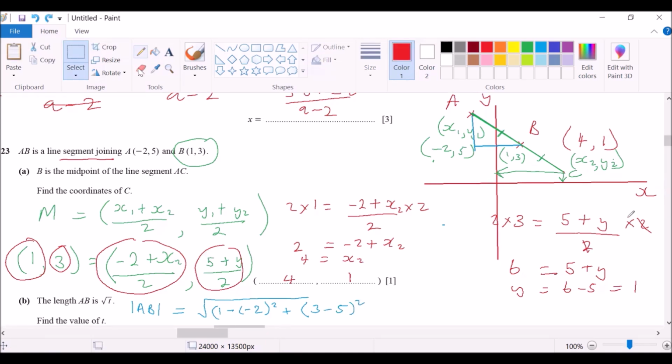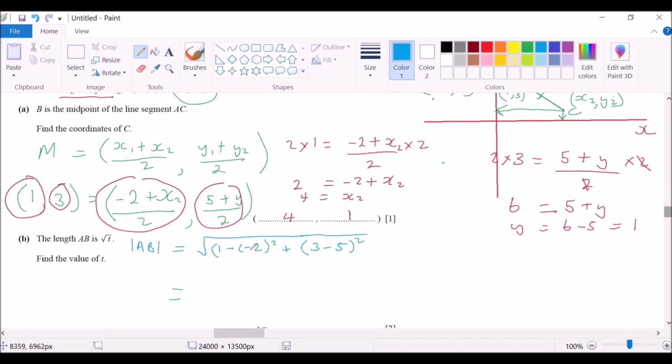So here we are using Pythagoras theorem. 1 minus -2 is this length here, horizontal x length, and 3 minus 5 is this length here, the vertical length of a right angle triangle. And AB is the hypotenuse, which is the length we are looking for.